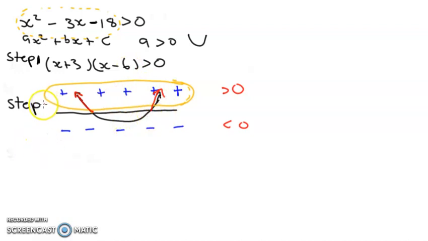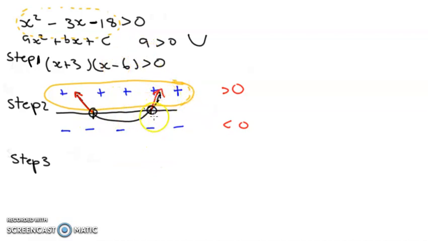Before we answer the question, by the way, this is step 2. Step 3: before we answer the question, we need to find the roots. But because we have a greater than sign, there's no equality below it, so we're going to have an open circle here.